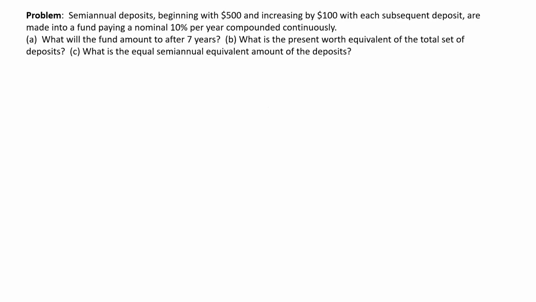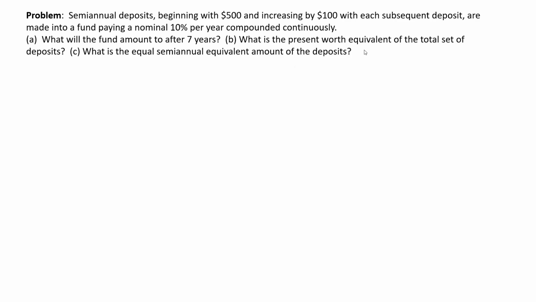Later, you increased it to $600 after 6 more months. The deposits are made into a fund paying a nominal 10% per year compounded continuously. The nominal interest rate is 10% and it is compounded continuously. What will the fund amount to after 7 years?